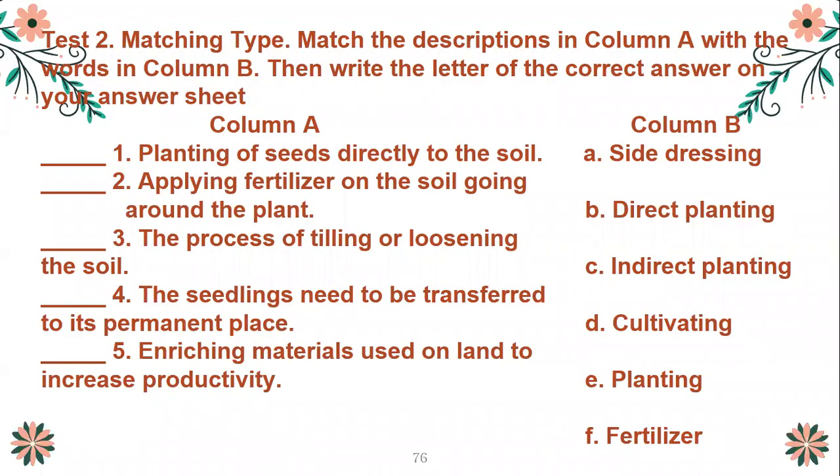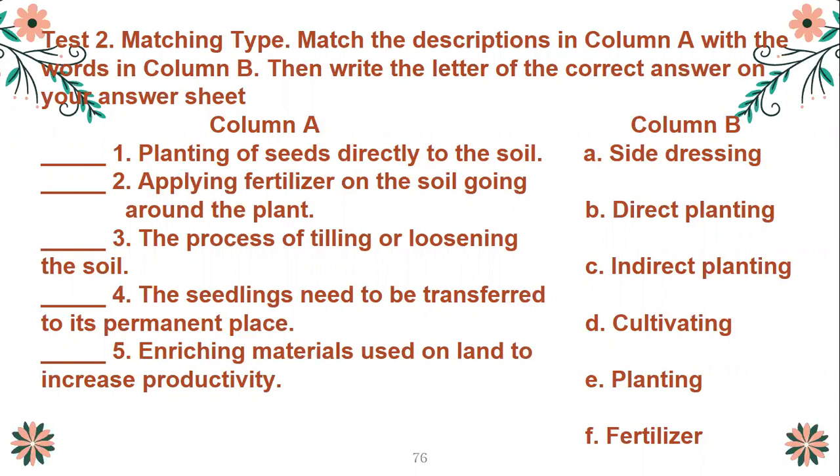Test 2. This is matching time. So match the description in column A with the words in column B. Then write the letter of the correct answer on your answer sheet. Okay, number 1. Planting of seeds directly to the soil. Okay, what is being described in statement 1?